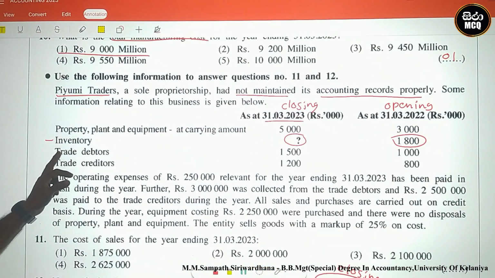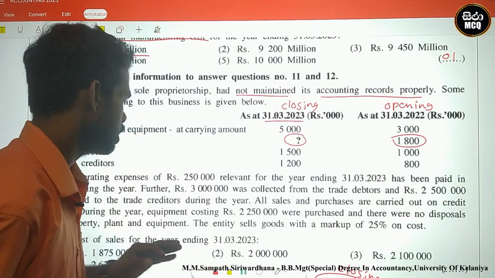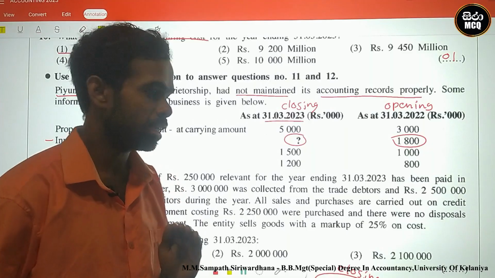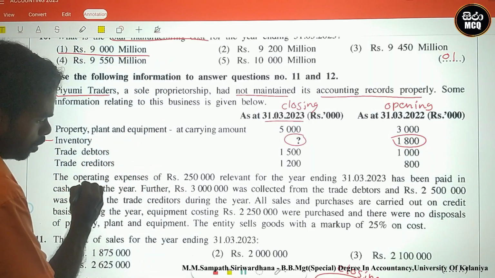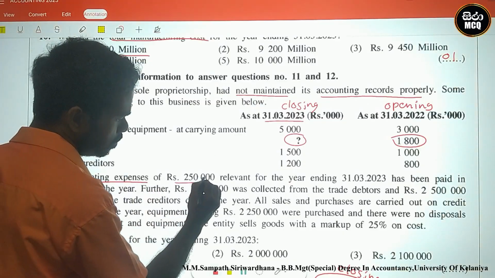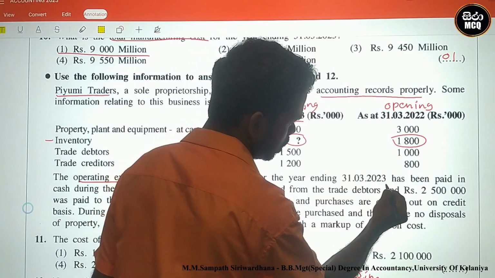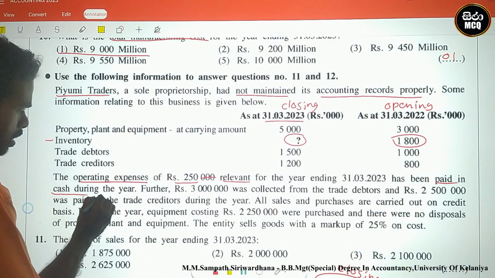Next one, trade debtors. Trade debtors do not directly contribute to the income statement. Trade creditors do not directly contribute to the income statement. Next one, operating expenses of 250 relevant for the year ending 31st March 2023 had been paid in cash during the year.